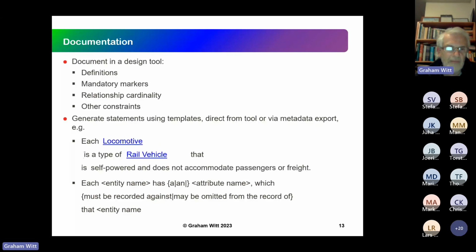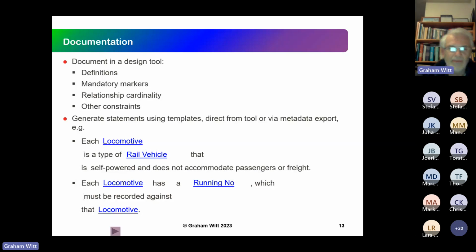So here's a couple of templates, and we can just substitute in the entity names. And here's one that's a little bit more complex. So this is an attribute rule. Notice that we firstly substitute in the entity and attribute names, and then, of course, we need to take these options, and of course it'll be a running number rather than an running number, and must be recorded rather than may be omitted.